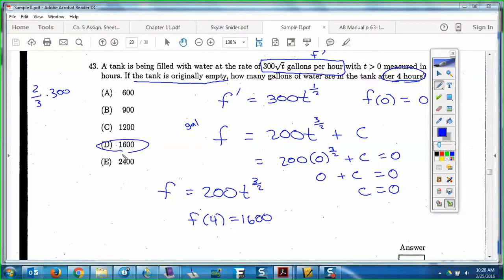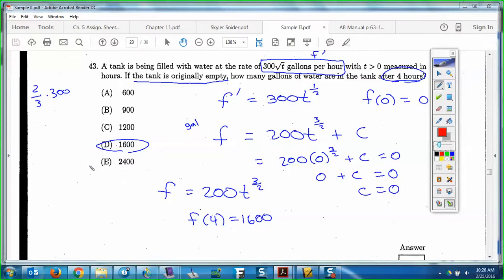Now, let me do this in red. Let me show you how integrals, so antiderivative we can do, but here's going to be the problem. Here's where integrals come in, and this relates to what we're going to be doing starting today. Integrals involve antiderivatives. They're not the same, but they could be, right? When you do a definite integral, one way is to do big F of B minus big F of A, right? Do an antiderivative and do that.